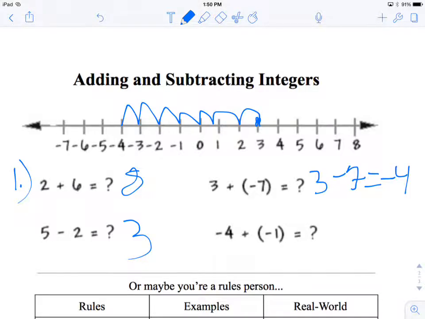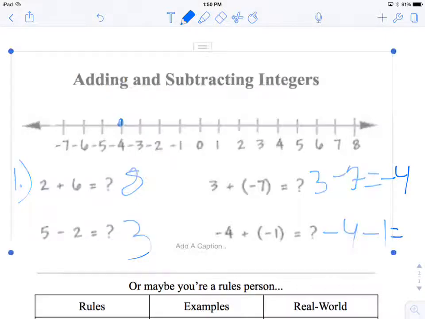Or, finally on my last example, I'm going to start at negative 4 this time, and then I'm going to add a negative 1. So if you think about it, it's the same thing as last time. We had negative 4, but instead of we're adding a negative number, it's the same thing as subtracting. So this is negative 4 minus 1.